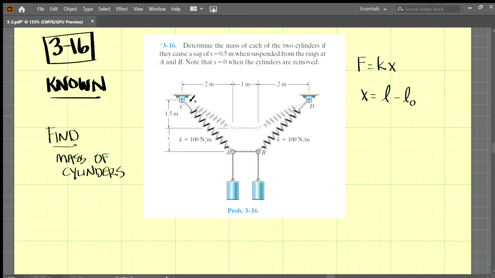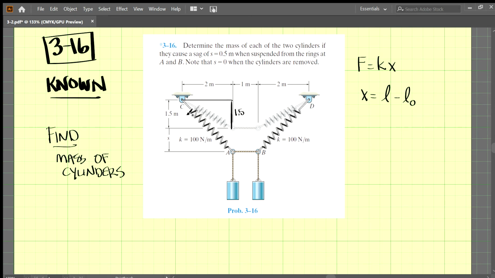What we need to realize here is that there are two triangles, because we need to figure out the original length of the spring and the final length of the spring. So we can do that by drawing some triangles here. We know that this leg of the triangle is 2, and the length of this leg is 1.5.